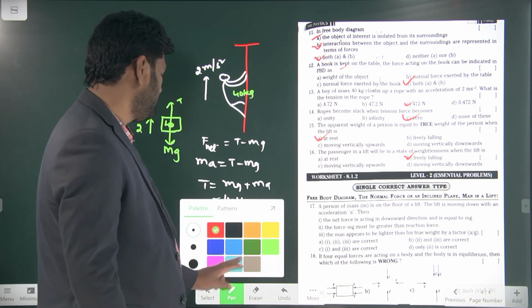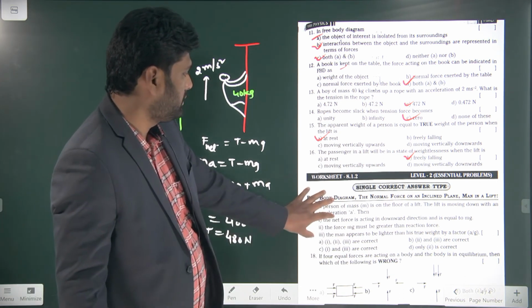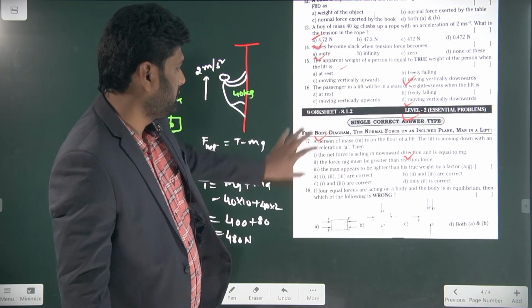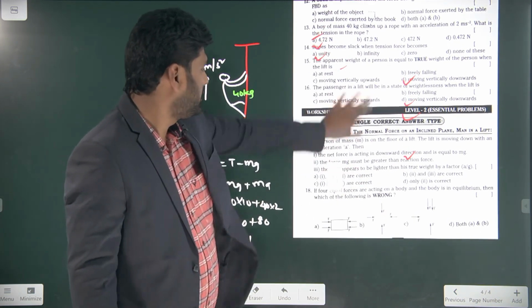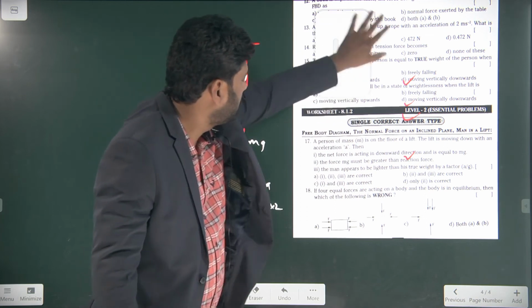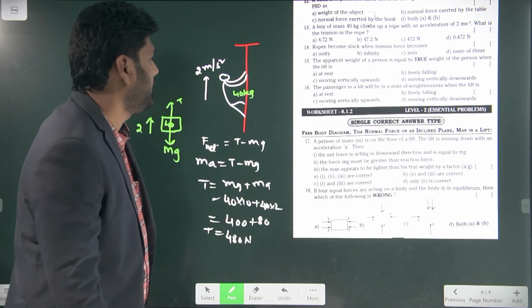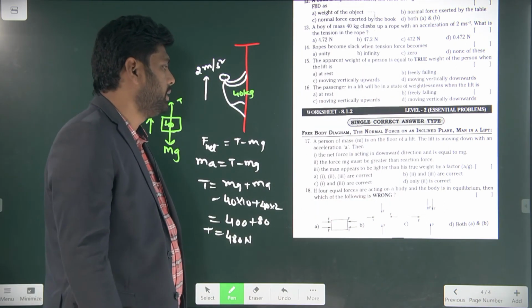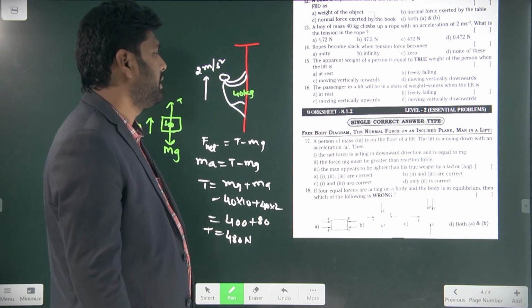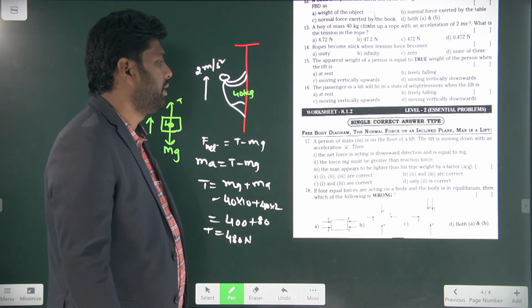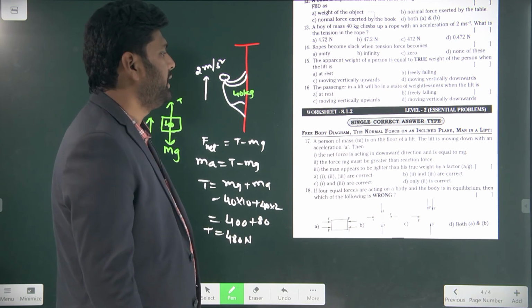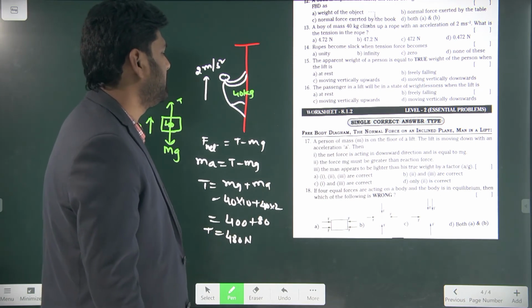Next, look at this single correct one. A person of mass m is on the floor of a lift. The lift is moving down with an acceleration a.